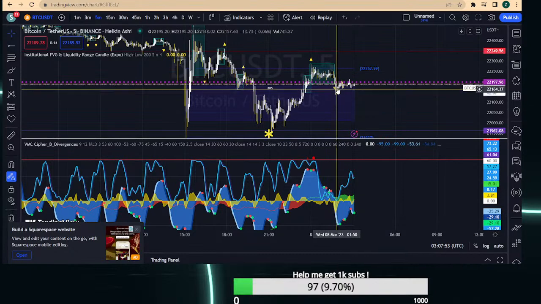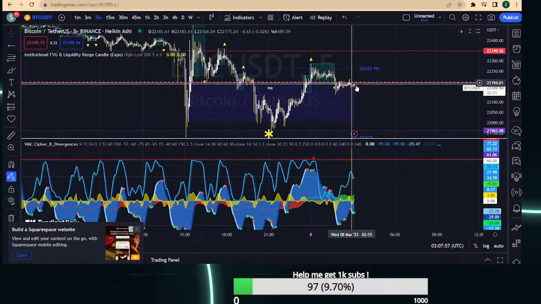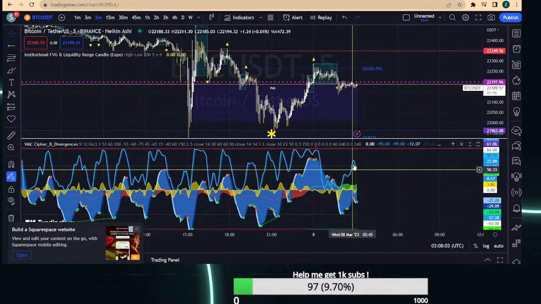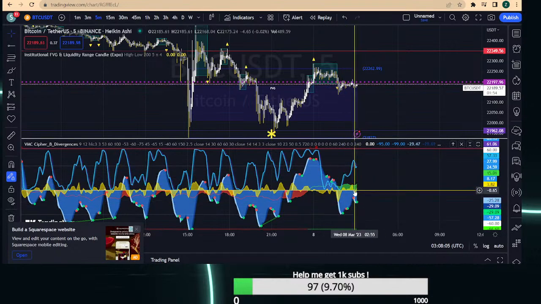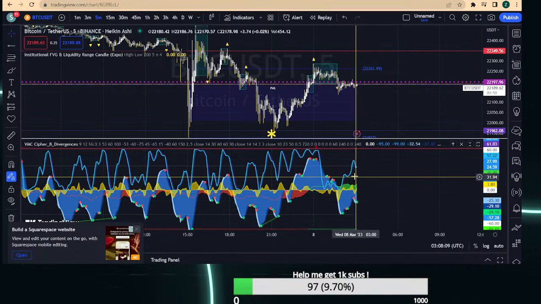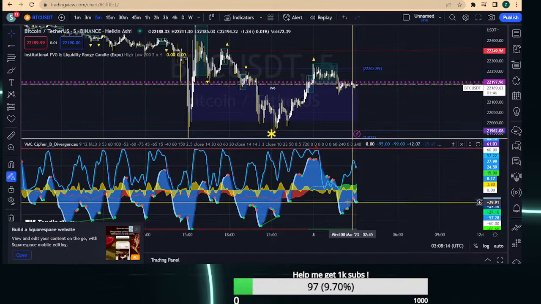But then we did reject, and now we're creating more liquidity here, which is right under, like I said multiple times, this daily close. And looking at the VMC and the stochastics, the money flow's actually really heavily green, which is really good. The VWAP's coming up, stochastics going back up, and there's a buy order as well.